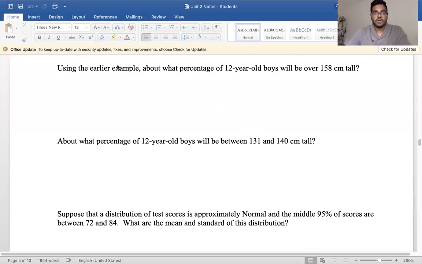So if it's normal, we have mu is 149, and the standard deviation, that's sigma, by the way, is 9.